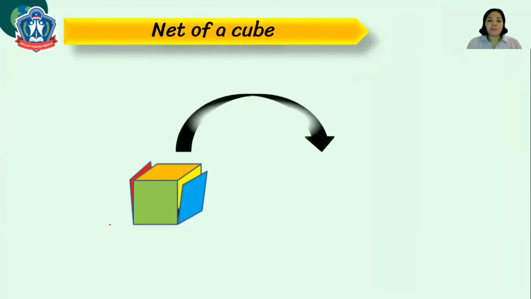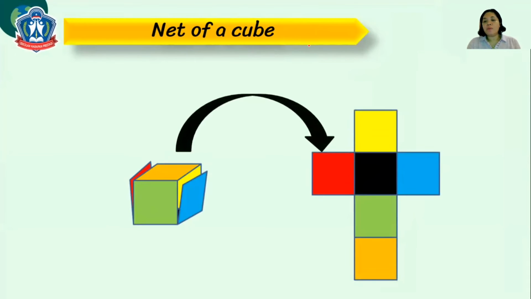Can you count how many squares? Yes, we have 6 squares. So remember, a cube consists of 6 identical squares. When we say identical, the sides should be the same length. So if this is 10 centimeters, all of the sides should be 10 centimeters also, for all 6 squares.